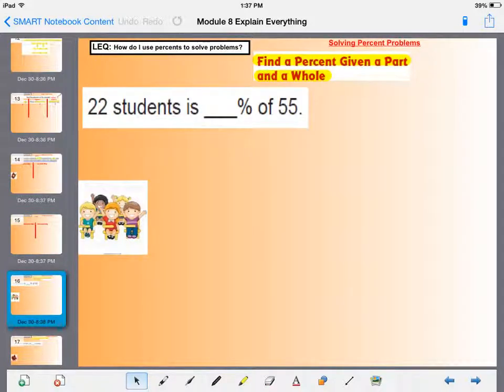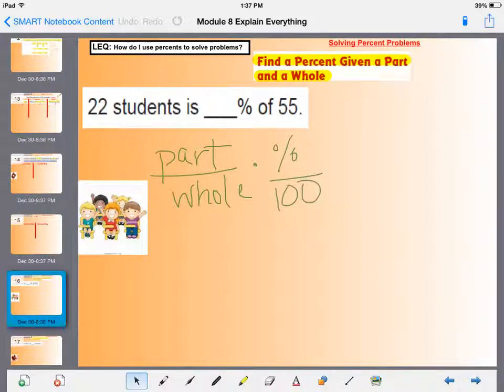This was a really important lesson that we learned when we talked about percents in Module 8. We talked about the formula for finding the percents given a part and a whole. So we talked about the formula being the part to whole times percent, always out of 100.